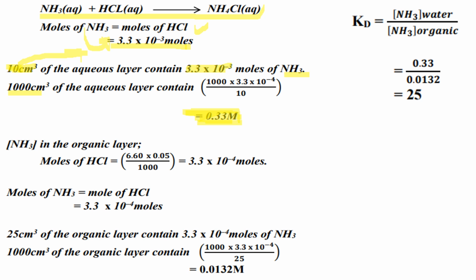Then what about 6.6? 6.6 contain these moles, which is 3.3 exponential negative 4. Now we have done the equation already, so you just compare the mole ratio. Since the mole ratio is 1 to 1, the number of moles of ammonia that reacted are going to be equal to the number of moles of HCl that reacted. And this is the same, 3.3 exponential negative 4. Now these moles are going to be contained in that volume.